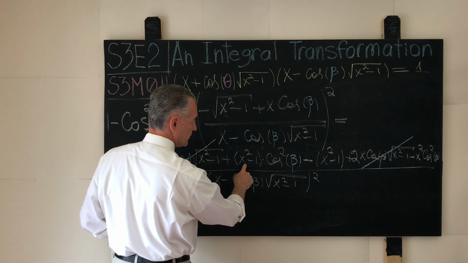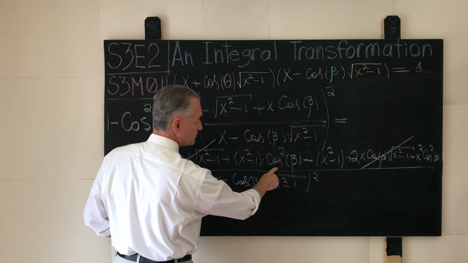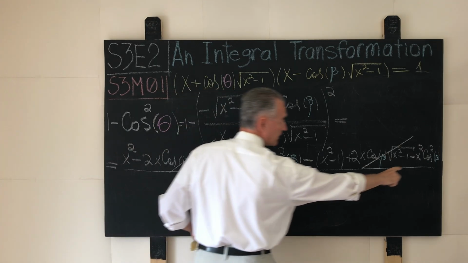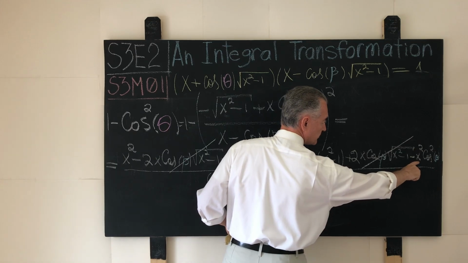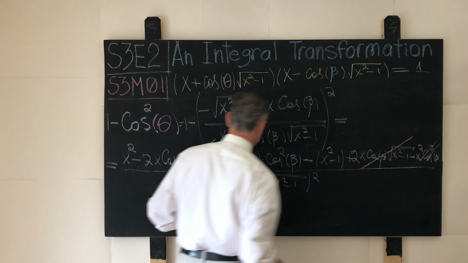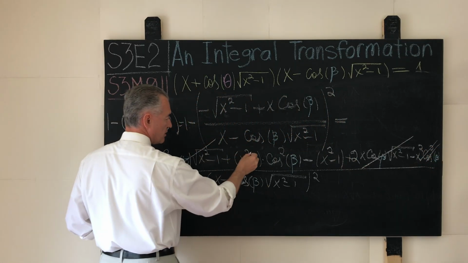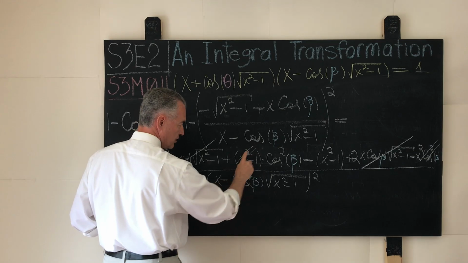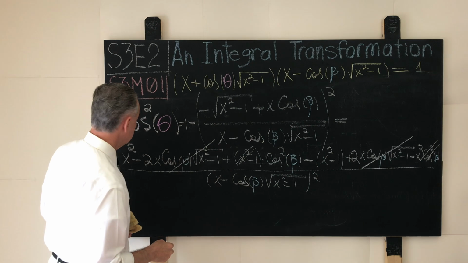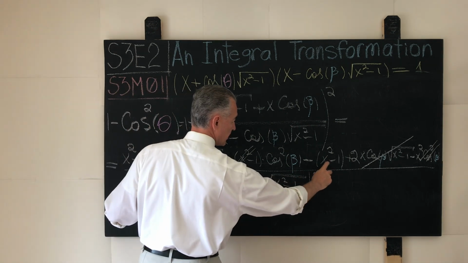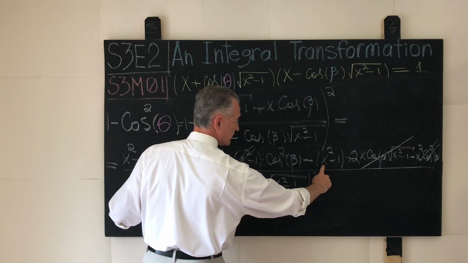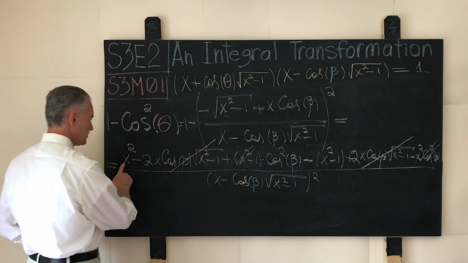So here we have x square cosine square of beta and negative cosine square, x square cosine square. So this cancels out with this over here. And what else do we have here? We open up this guy, negative x squared and positive x squared.